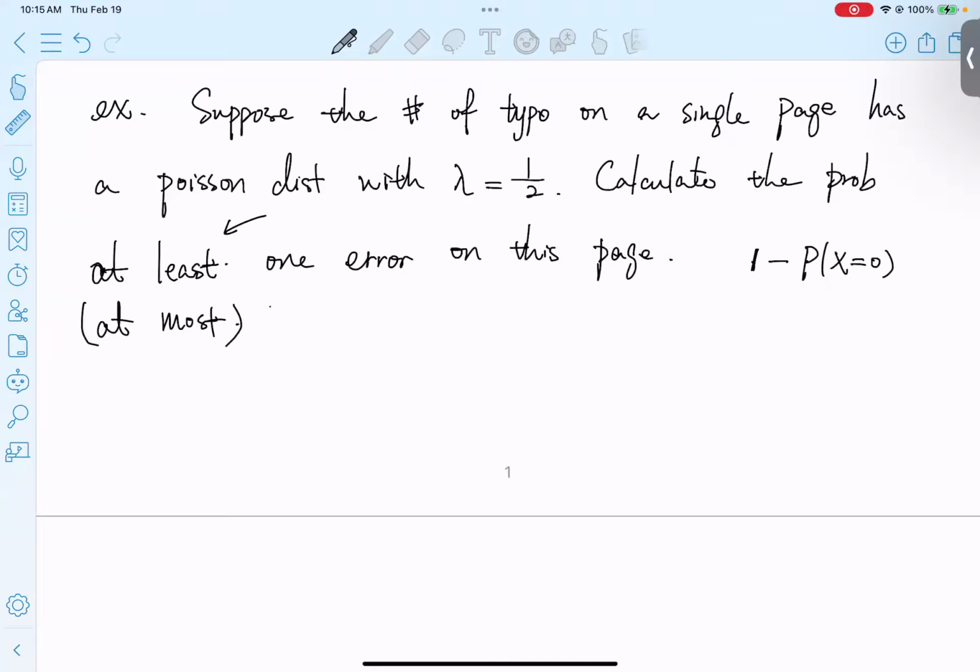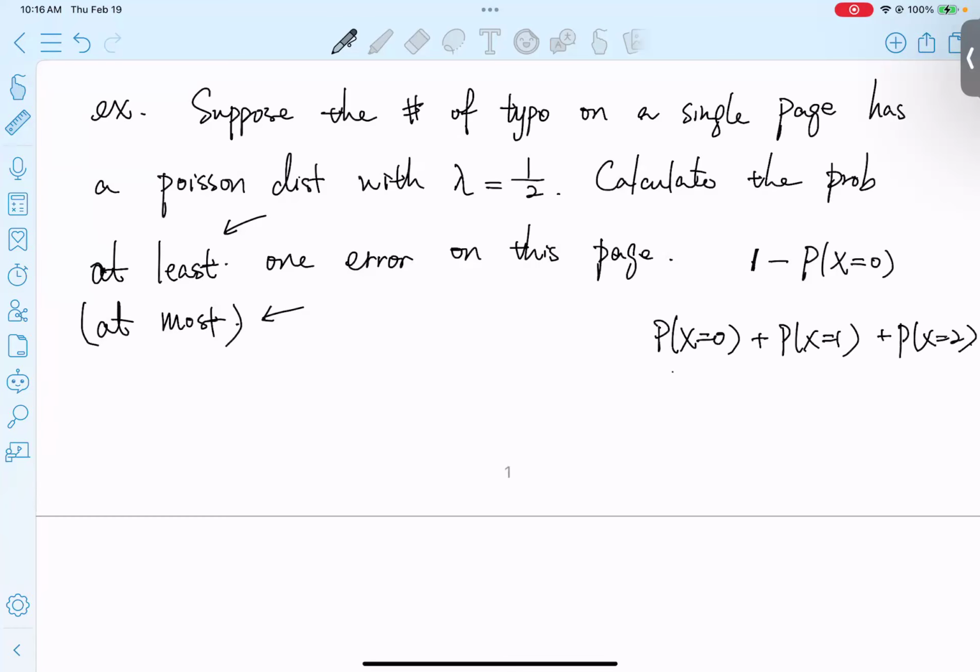And then if the problem is asking for at most 2 errors, the events that you want to calculate include the following cases: 0 errors plus 1 error plus 2 errors.